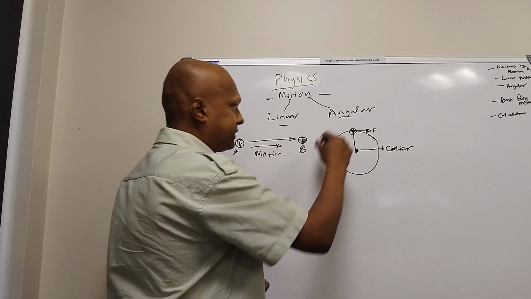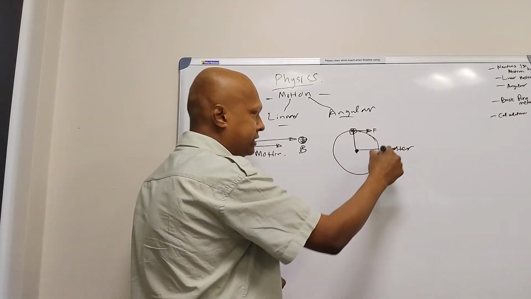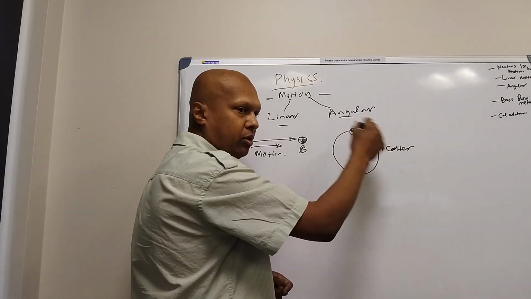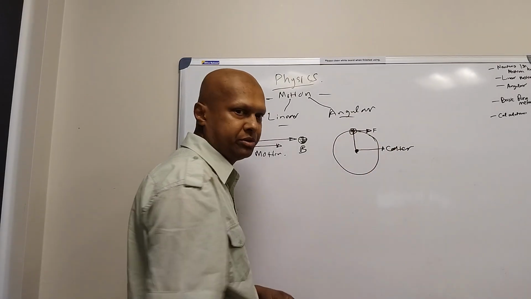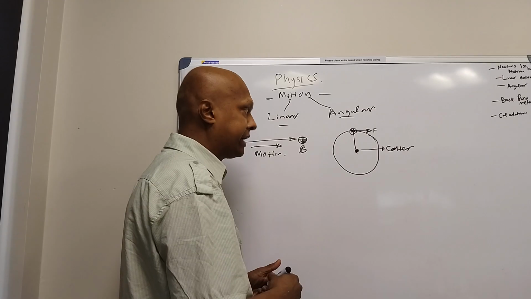So an object moving in a circular path is called angular motion.